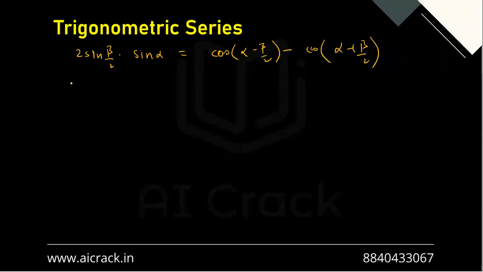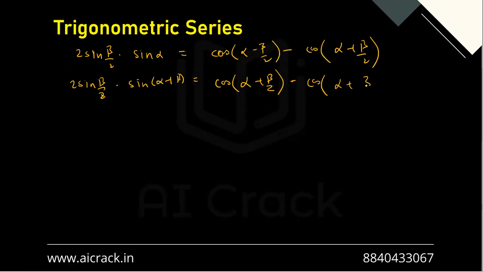Now the other term is 2 sine beta by 2 dot sine of alpha plus beta. So that will again give me cos of alpha plus beta minus beta by 2. That will give me cos of alpha plus beta by 2, minus cos of the summation of these two terms. That will give me alpha plus 3 beta by 2.